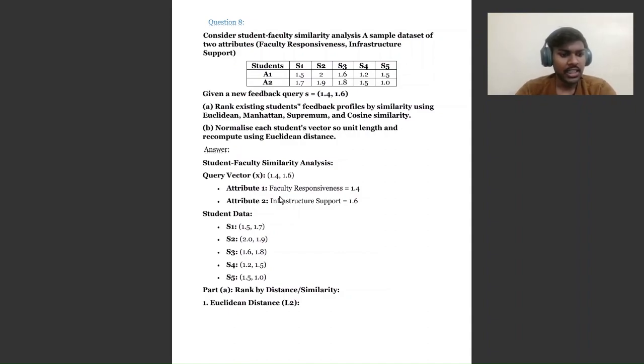In this case, Euclidean distance becomes mathematically equivalent to cosine dissimilarity. Thus, the ranking exactly matches the cosine similarity order, which was S1, S3, S4, S2, and S5. This analysis helps us retrieve the most relevant past feedback profiles that match the new query.